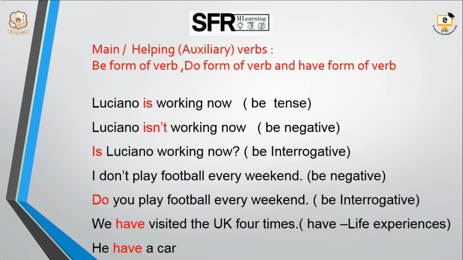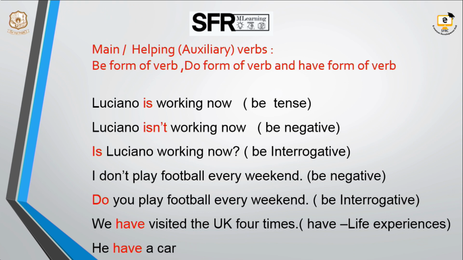In all three of these sentences, the helping verb is be, or to be. We are saying is, but that's just a form of the verb. The verbs do and have can also be helping verbs. For example, "I don't play football every weekend."